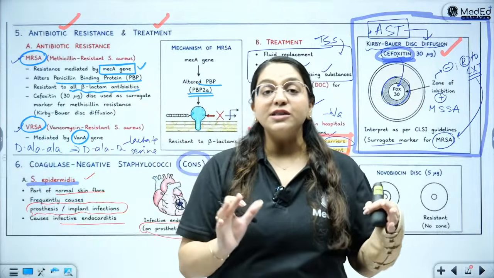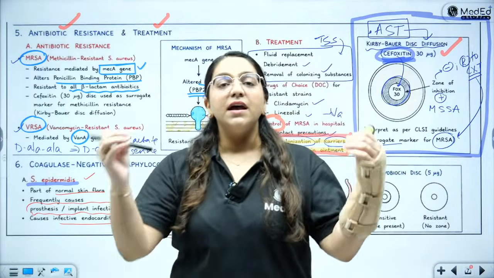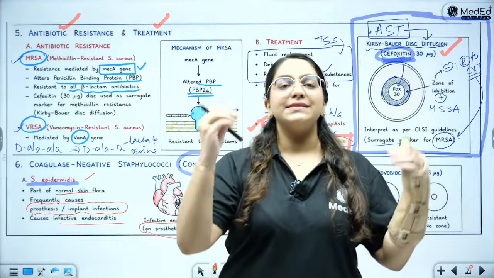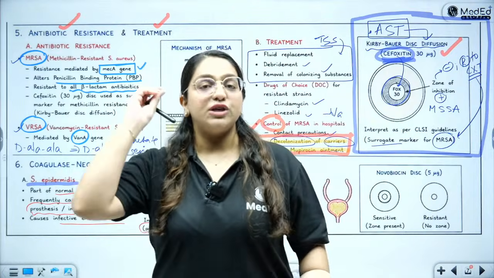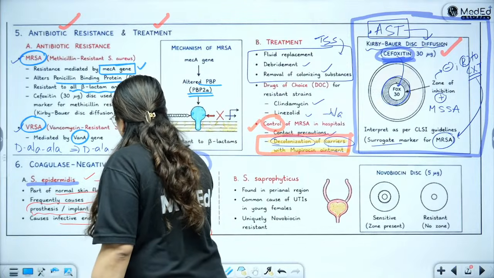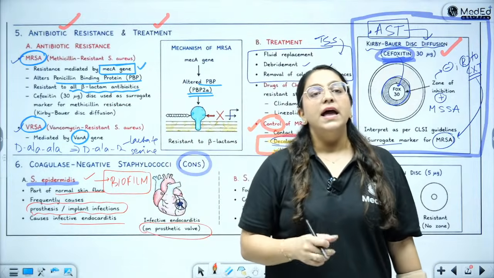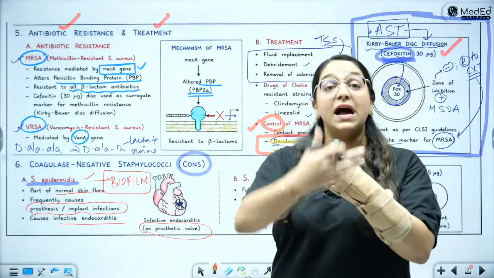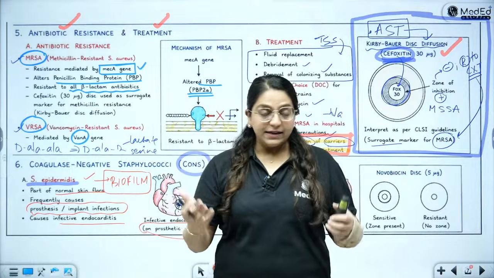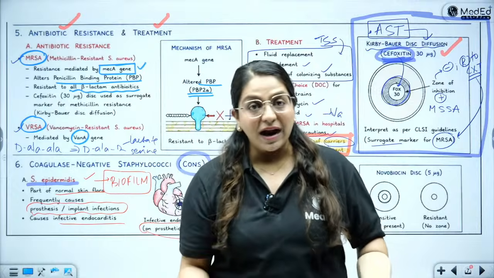Acute bacterial endocarditis of prosthetic valve, implants, pacemakers, catheters, your bone implants, any kind of implant is Staph epidermidis. Okay, because it also makes something which is called as biofilm. It will make these biofilms on the catheters, inside the catheters. It will make this biofilm on the implant surfaces. So that is why it is the most important cause of iatrogenic and hospital associated infections in the implants and in the catheters.